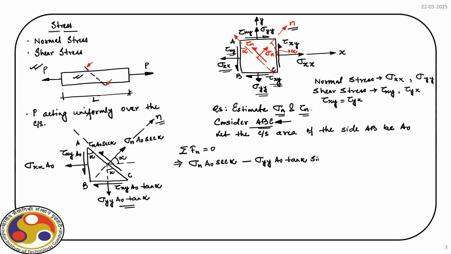So, this will be sine alpha. Then let us consider this shear force. So, minus tau xy A naught tan alpha, and then this is also alpha. So, we will take the cos component. So, this is cos alpha.